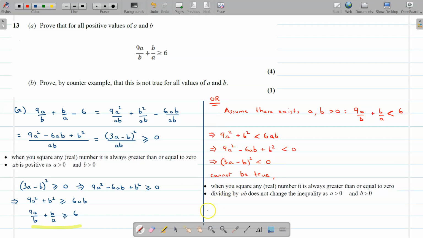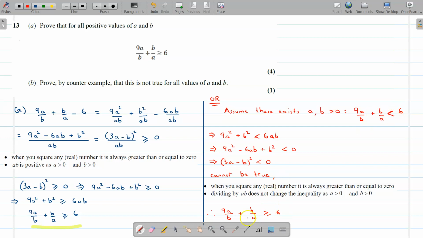So therefore my conclusion is that 9a over b, in other words, I'm taking this thing here and dividing by ab, so 9a over b plus b over a is greater than or equal to 6, because it's not the same as my original statement. It's the contradiction of it.